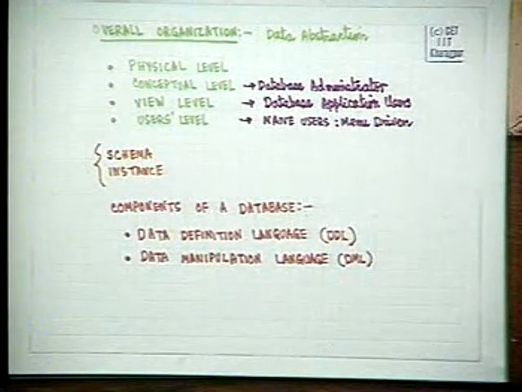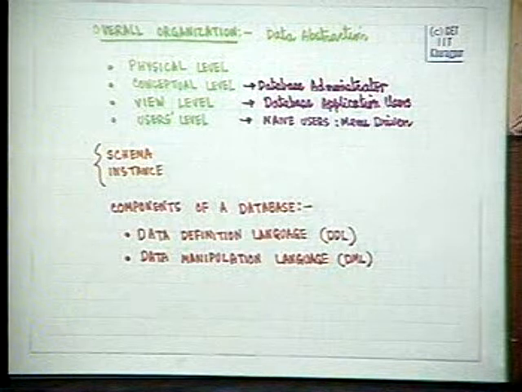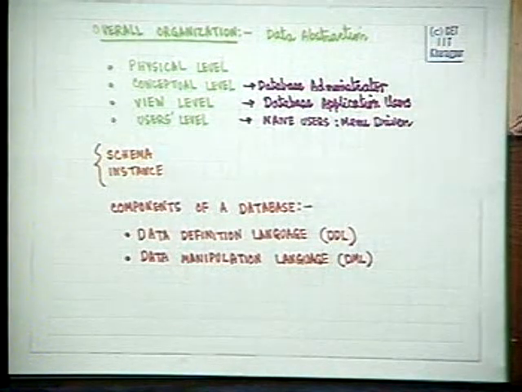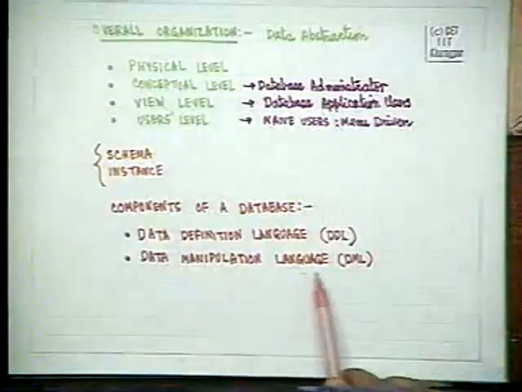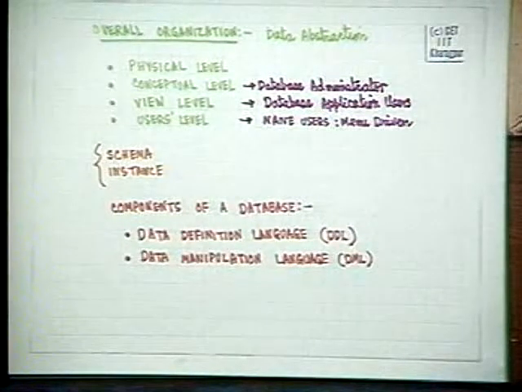So these are the 2 things which every designer must have, a data definition language and a data manipulation language. You will define the data in this language, and you will write your functions or procedures to manipulate the data in this language. Now this data definition language will be an abstract language, and how we should be able to define the data is one aspect we shall have to see. Data manipulation language can be of various types.